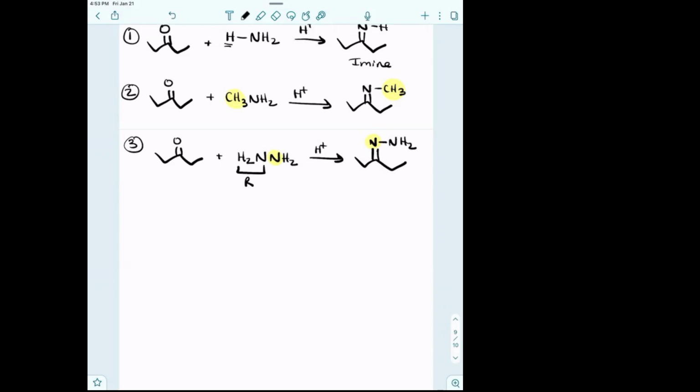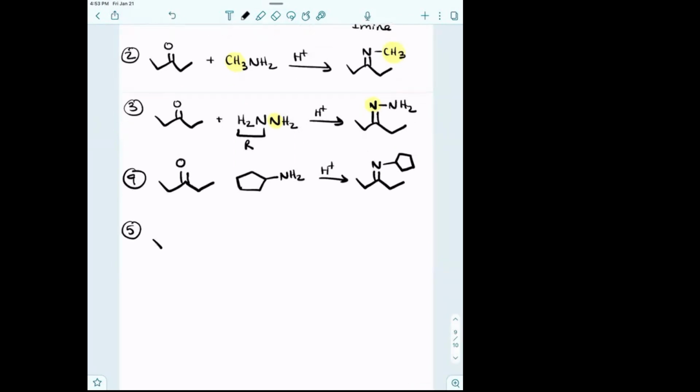Awesome. All right, so this is reaction 3. Reaction 4, we're going to have carbonyl, a 5-membered ring attached to NH2 with H plus. That's going to give us double bond N with the 5-membered ring.